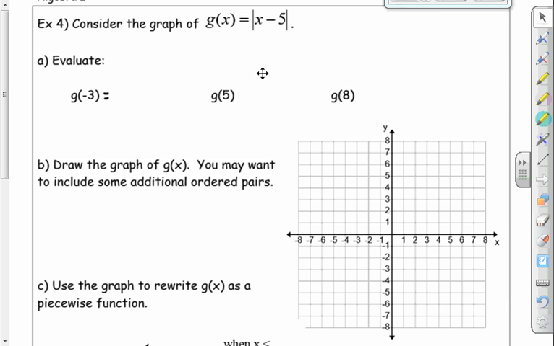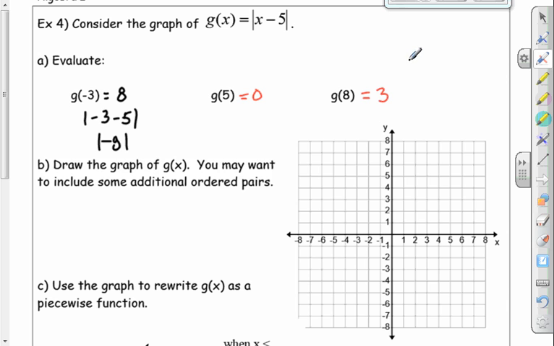Just as a review, if we plug in -3 for x in the rule, we would have the absolute value of -3 minus 5, which would simplify to the absolute value of -8, which would be 8. You'd repeat this process for each of these. 5 minus 5 would be 0, the absolute value of 0 is 0. And lastly, g of 8, 8 minus 5 would be 3. The absolute value of 3 is, of course, 3.